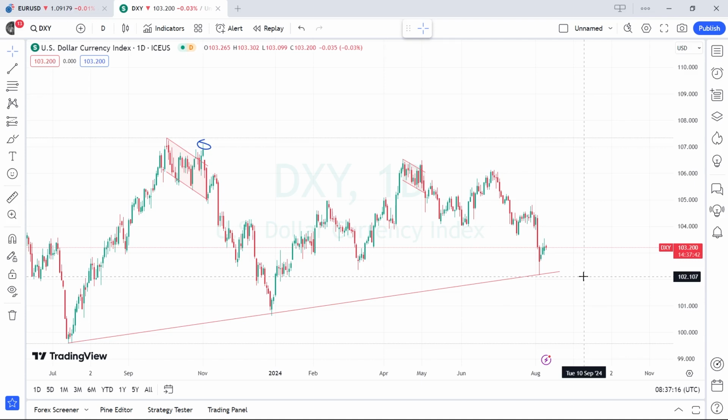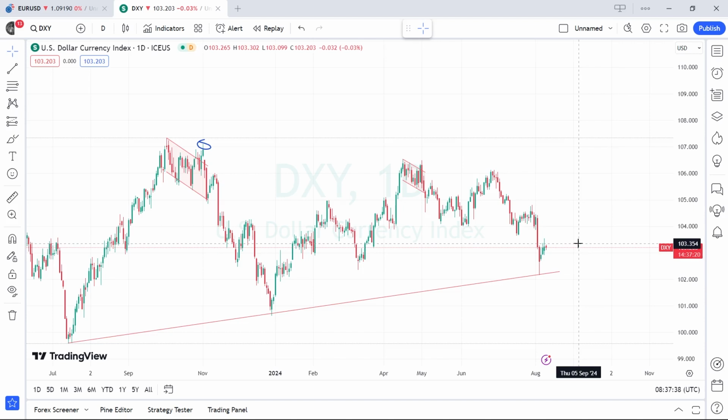And once market participants start ditching their stocks and coming back into cash, at that time the dollar will start pumping again.